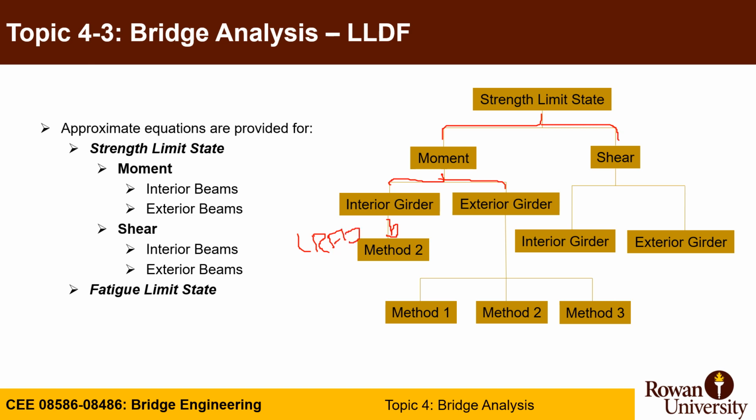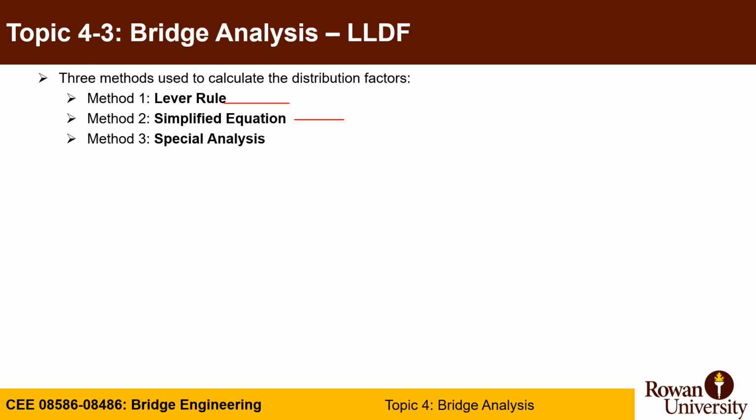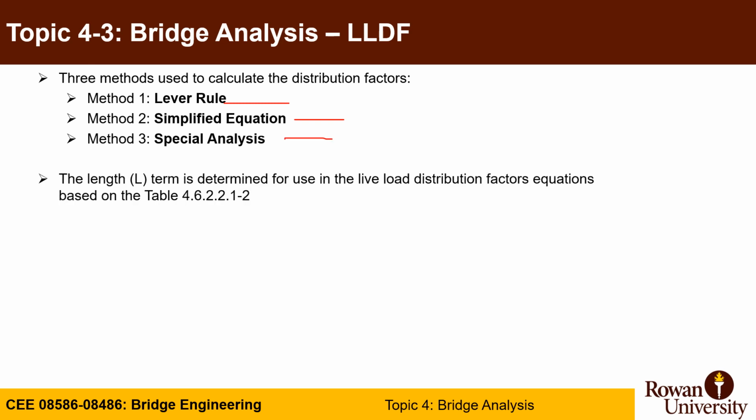If you have exterior, you use method 1, which is the lever rule, or the table, or method 3, which is called the special method, which we're going to touch on at the end of this. And in shear, you have interior and exterior, okay? So the first method is the lever rule, the second method is the simplified equation, and the third method is special analysis.